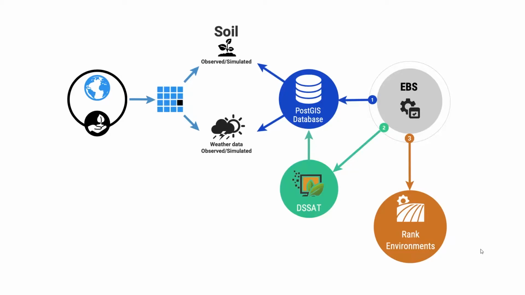So for this pilot project, we connected this database to the DSSAT CSM, giving users the capacity to run site-specific simulations. And the system communicates with the CIMMYT HPC to run the simulations through an analytic framework within the EBS. And the outputs will be used to rank environments with respect to heat and drought.